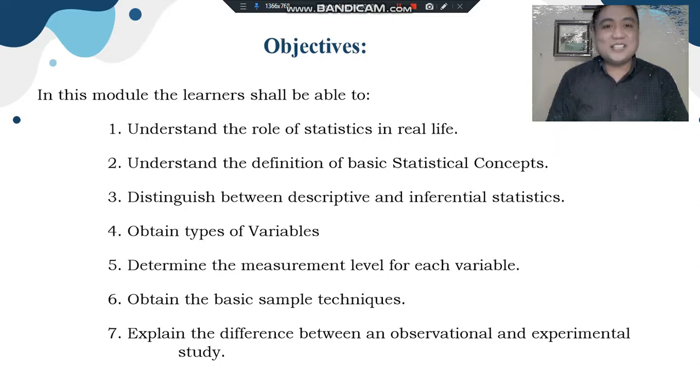Second, understand the definition of basic statistical concepts. Third, distinguish between descriptive and inferential statistics. Fourth, identify types of variables. Five, determine the measurement level for each variable. Six, identify the basic sampling techniques. Seven, explain the difference between an observational and experimental study.